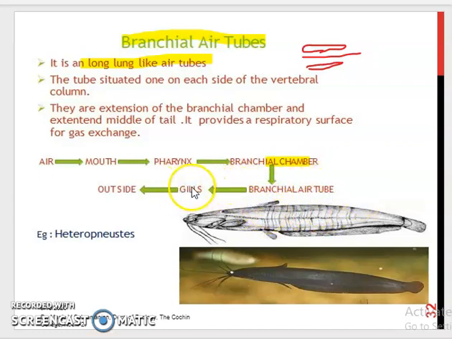Then it reaches the gills, where some exchange also takes place. Then the carbon dioxide rich air moves outside. This type of air tube is seen in heteropneustid fishes, and in Clarias and Saccobranchus also you can see this type of branchial air tube.